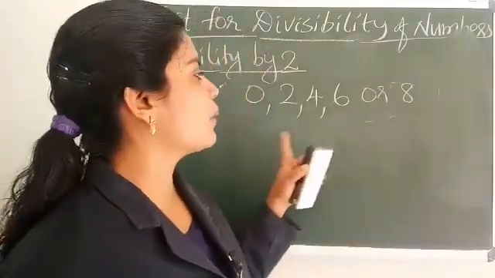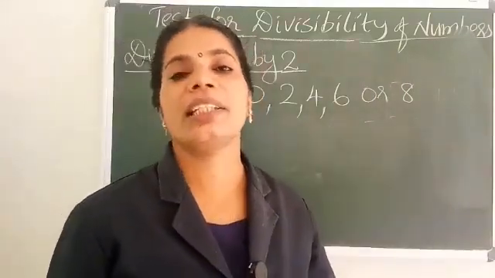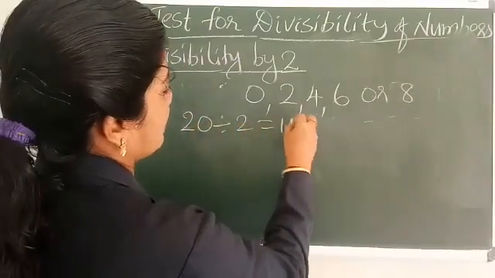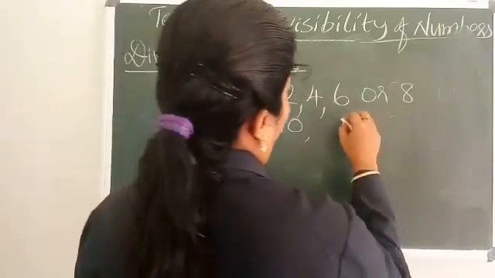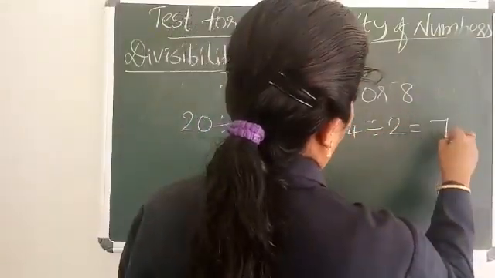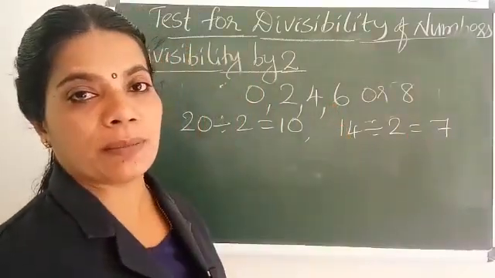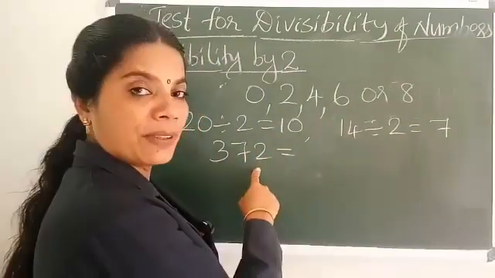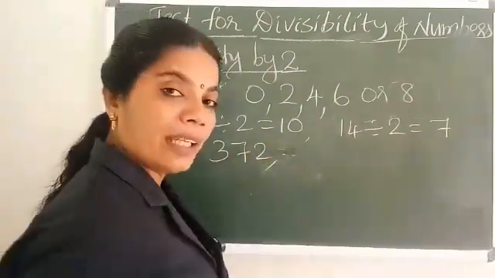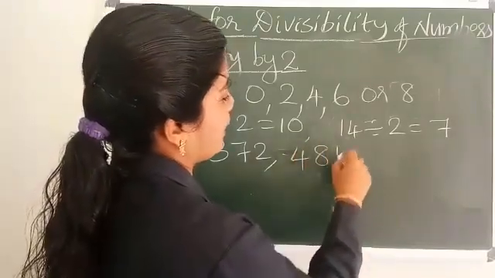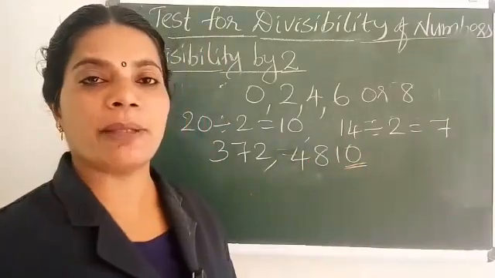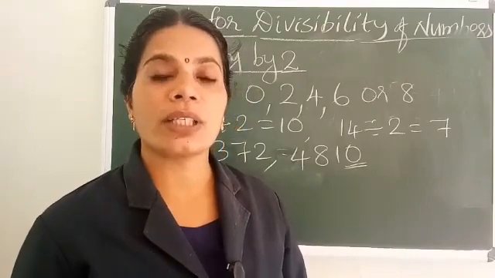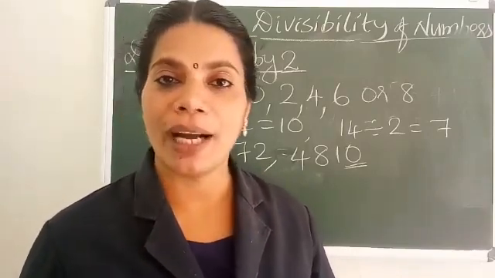For example, 20 is divisible by 2, that is 10. 14 is divisible by 2, that is 7. 16 is divisible by 2, that is 8. 372 ends with which digit? 2. Therefore, it is divisible by 2. 4810 ends with 0, so it is divisible by 2. That is, if a number ends with 0, 2, 4, 6 or 8, it is divisible by 2.